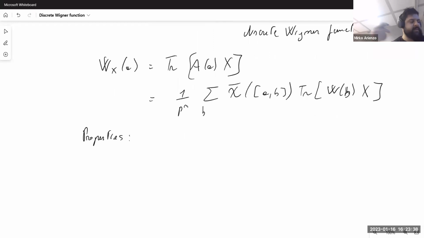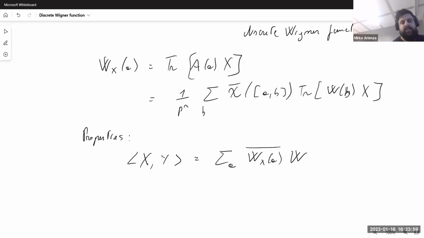The first one is that you can evaluate the overlap between two operators with respect to the trace inner product, and this is just the sum of the corresponding Wigner functions over all phase space points, where one is complex conjugated.